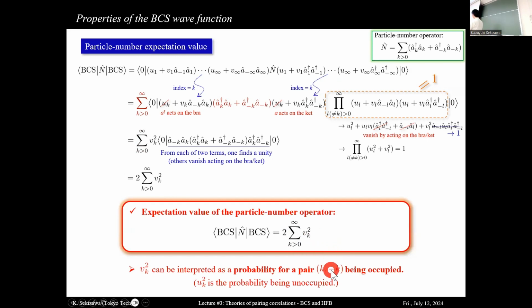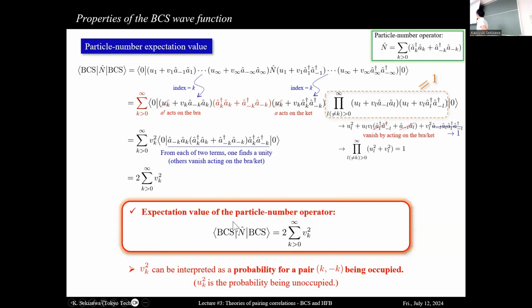So v_k squared is the occupation probability. And in other words, the rest of the factor, u_k squared, provides the unoccupied probability. So the normalization condition, u_k squared plus v_k squared equals 1, provides this probability interpretation.